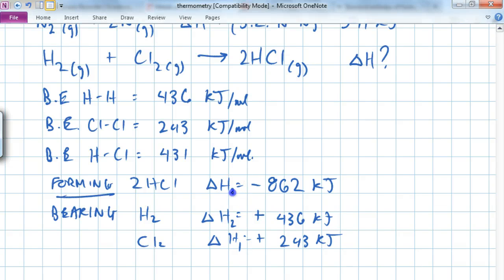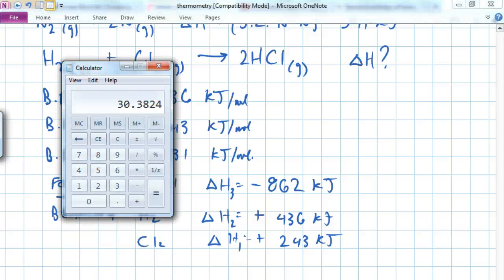Now what we can say is that these are really just happening in steps. All right? And so we can add them all together to get the sum of the whole thing. So we're going to break these, we're going to break these, we're going to form these, and let's see what we get. So we've got 436 plus 243 minus 862, negative 183.